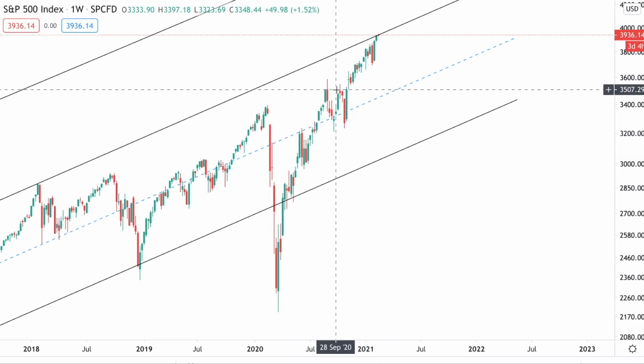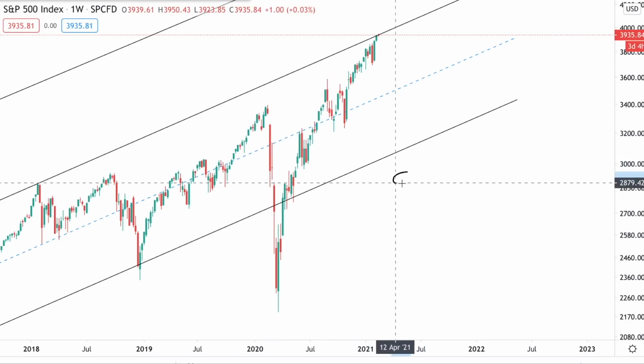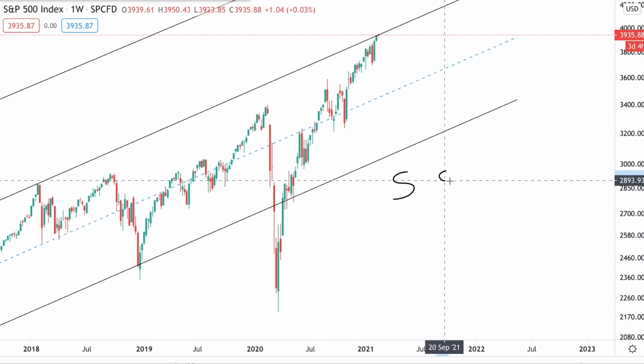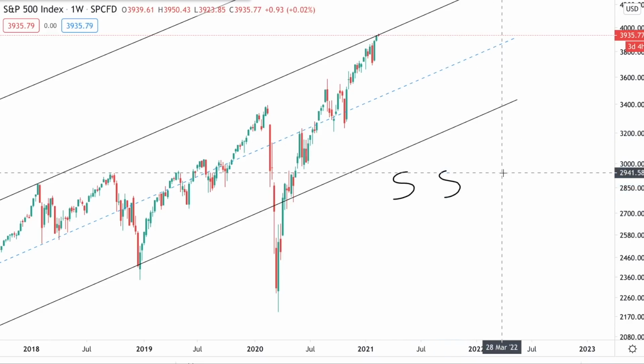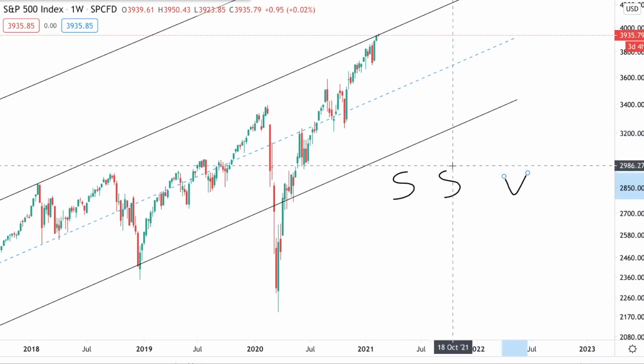When we see a big inflationary spike, and we think that could come as soon as spring or summer, when the economy really starts to reopen and you start to see the stimulus come out, and you start to see not only the stimulus but also the savings from the health crisis come into the economy, the velocity of money will pick back up and you're going to see an inflationary spike.